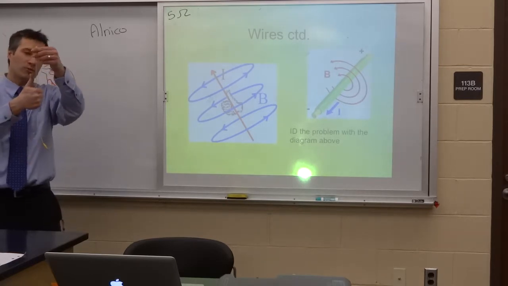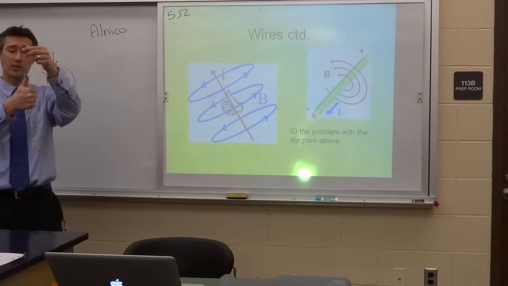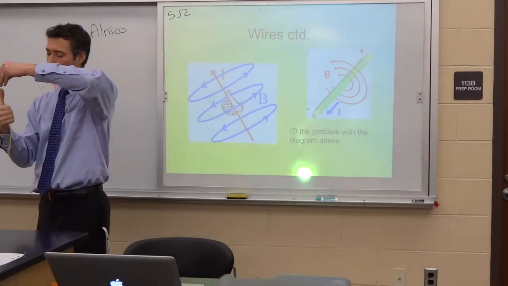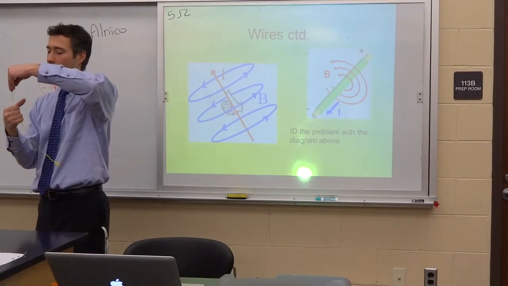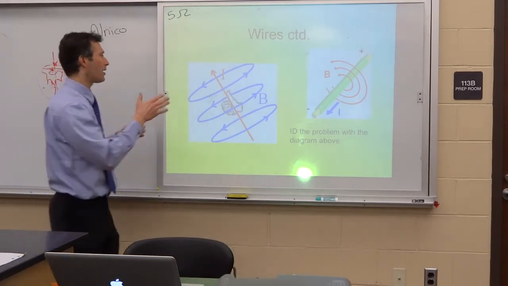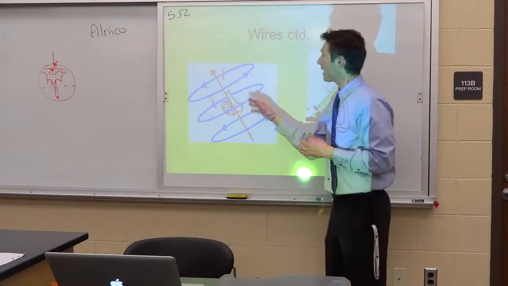So for me, I'm assuming my current's going up towards the ceiling, so I pointed my thumb up. And then the direction that your fingers are wrapping around the wire is the direction that the field lines would point. I don't know if these do a very good job of showing it. I guess they do.